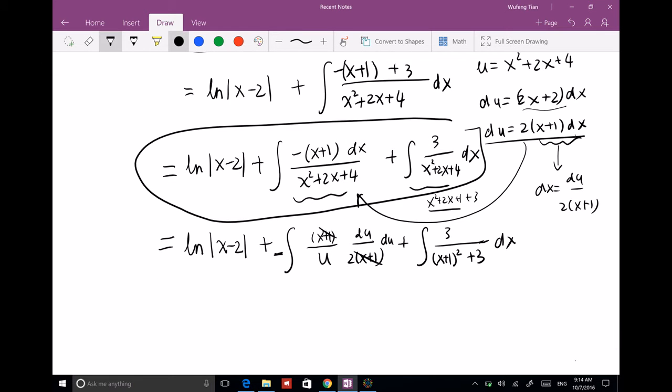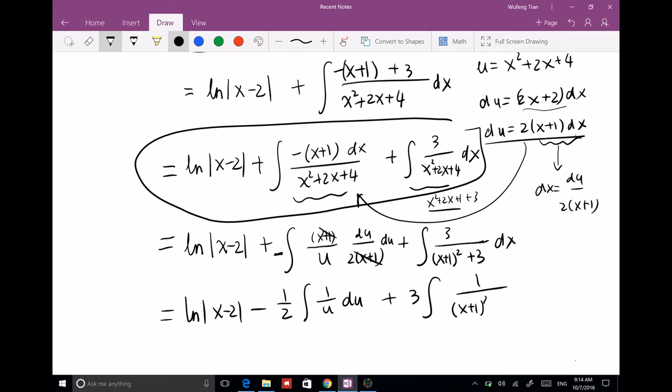So then we have ln x minus 2 minus half. You can take out the 1/2 because this is a coefficient. Just 1 over u du. Plus, you can take the 3 out: 1 over x plus 1 squared plus square root of 3 squared.